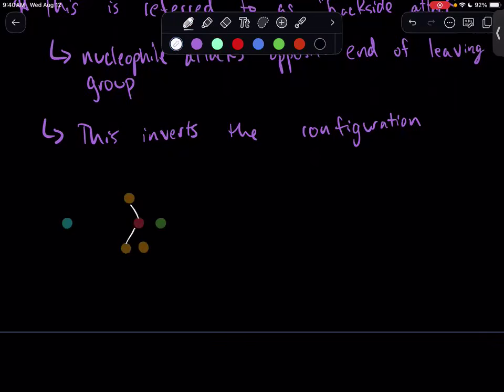You notice that originally we have this tetrahedral shape, and I should actually use our stereochemical formulas. When this comes in and attacks it, the whole tetrahedral flips. So we get this new shape where we still have our central carbon, our leaving group off to the side, but now the hydrogens are flipped a little bit, and they are pushed back by that new bond. So the entire tetrahedral is going to invert itself.